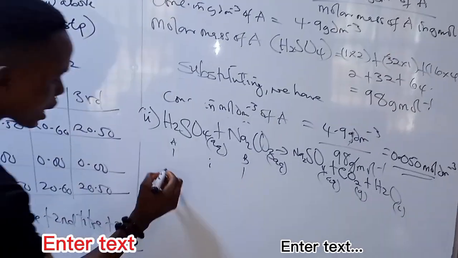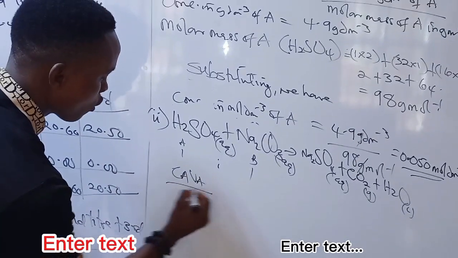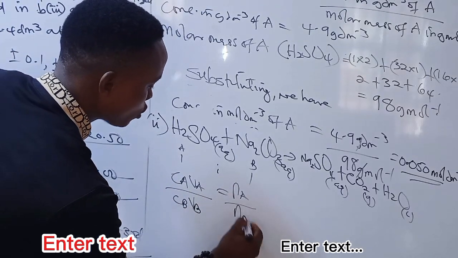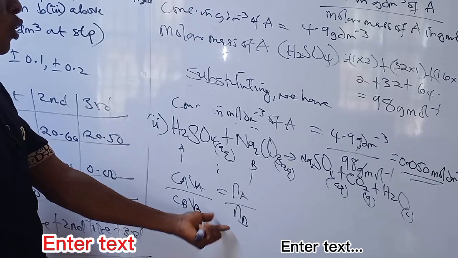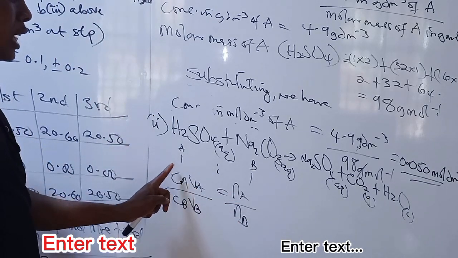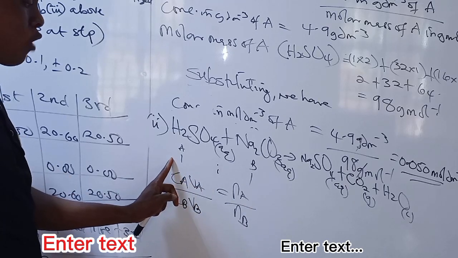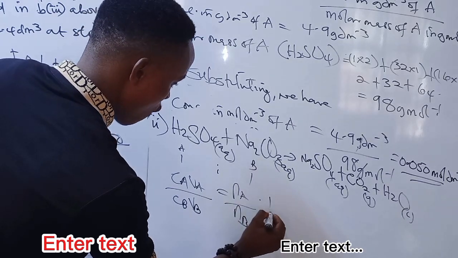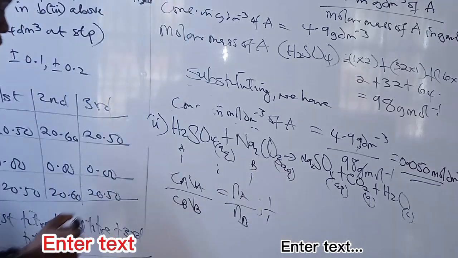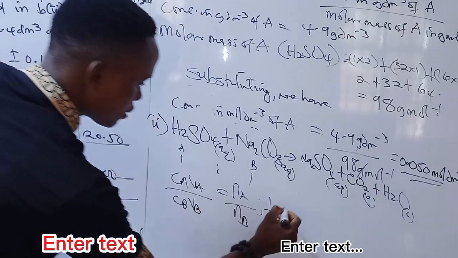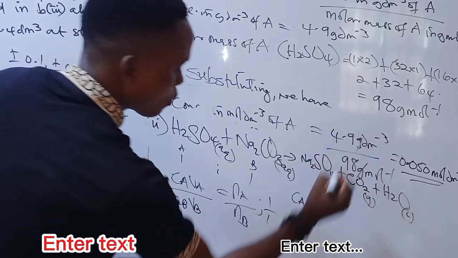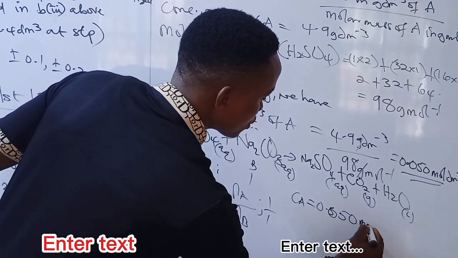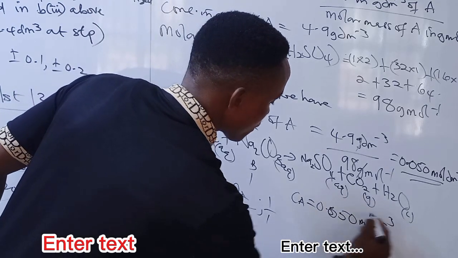Yes, so we can now use our CAVA over CBVB is equal to number of moles of A over number of moles of B. Now, when you are writing this equation, always remember to state the ratio of the number of moles of acid to the base. So you can say 1 over 1. Then our CA is 0.05 moles per dm cube.